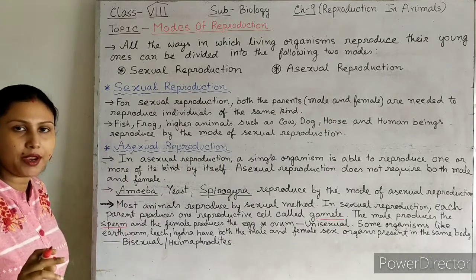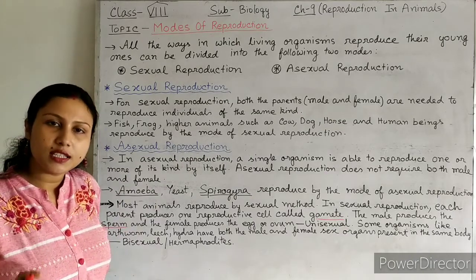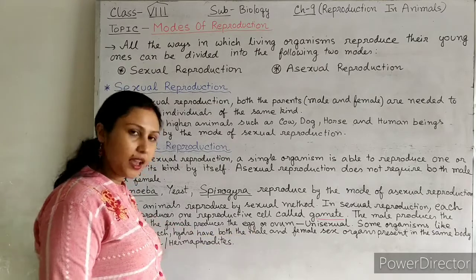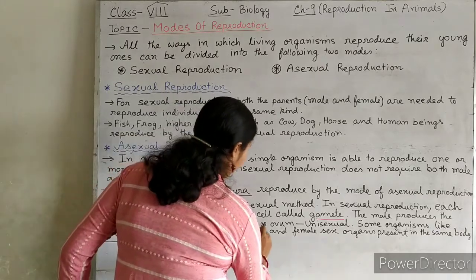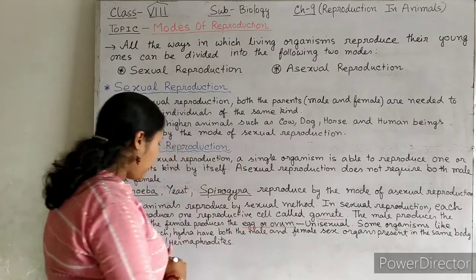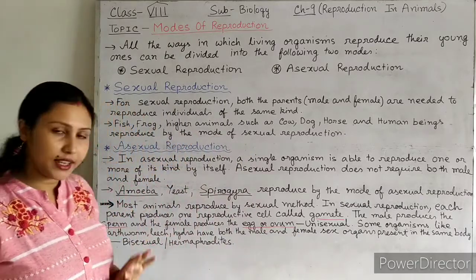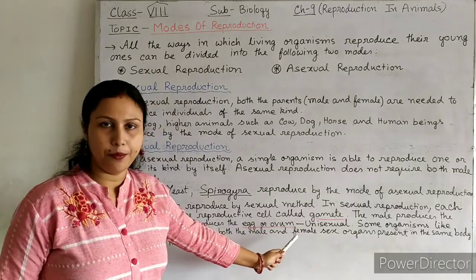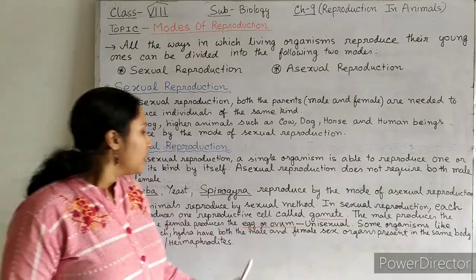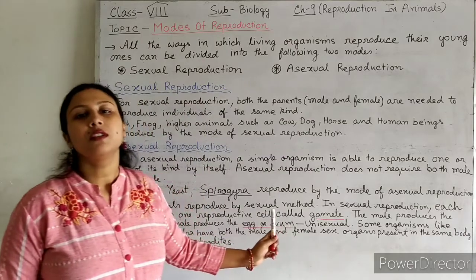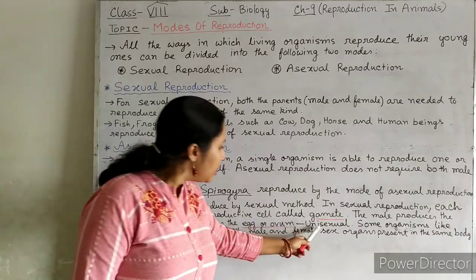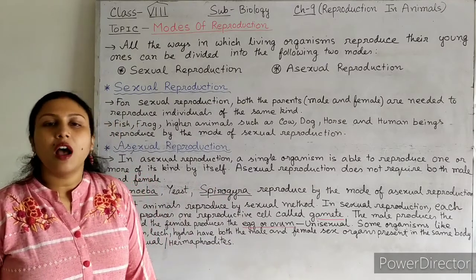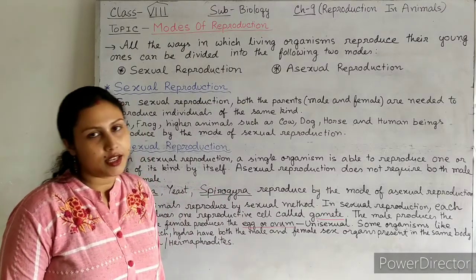The male gamete is known as the sperm, and the female produces the gamete known as the egg or ovum. Such organisms are called unisexual.